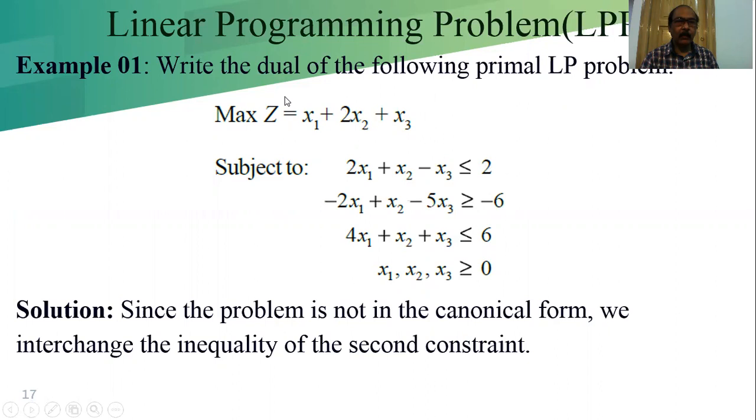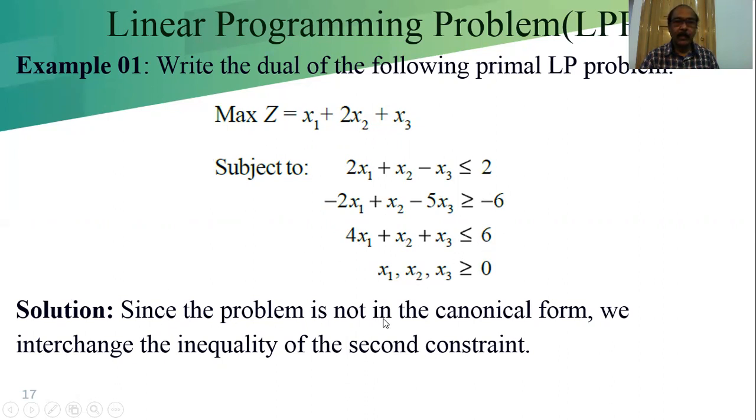It is the maximization problem: X1 plus 2x2 plus x3, subject to the constraints 2x1 plus x2 minus x3 less than equal to 2, minus 2x1 plus x2 minus 5x3 greater than equal to minus 6, 4x1 plus x2 plus x3 less than equal to 6, and x1, x2 and x3 greater than equal to 0. It is satisfying the non-negativity restriction. This is our given problem, which is our primal problem.